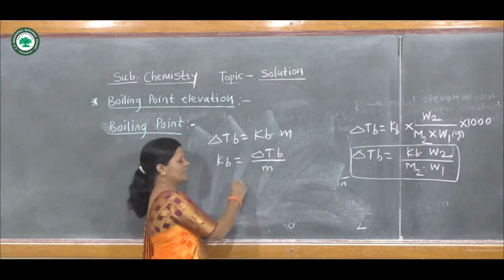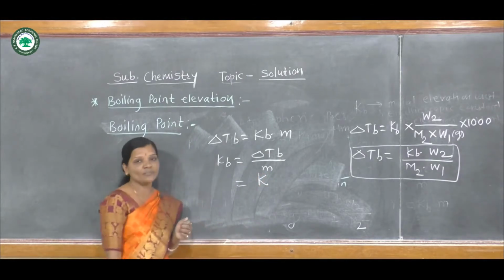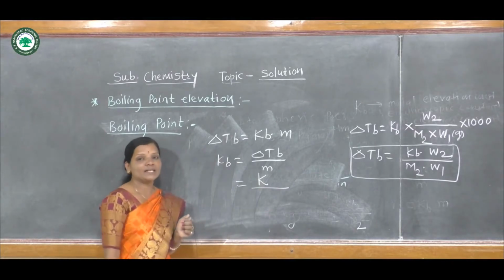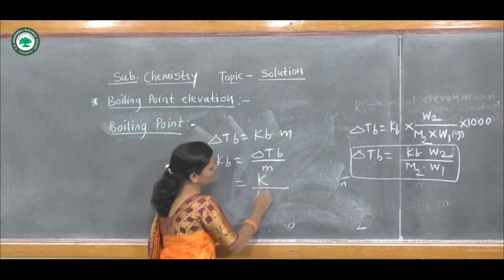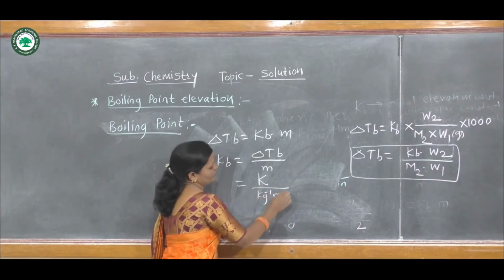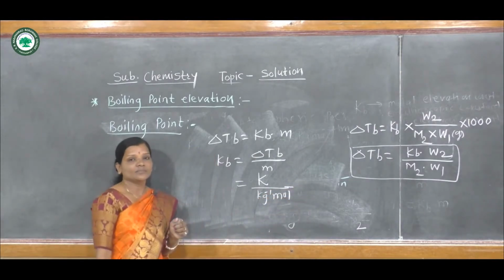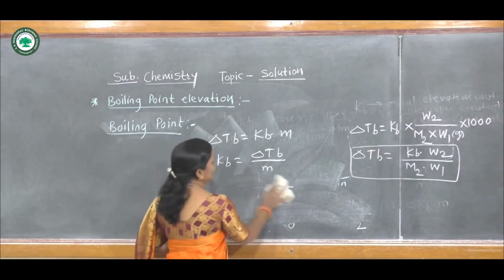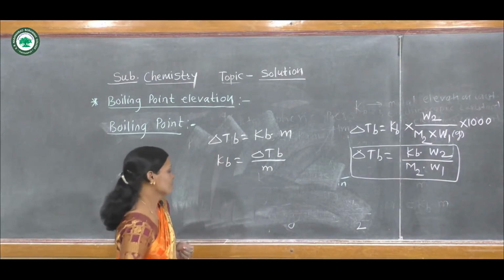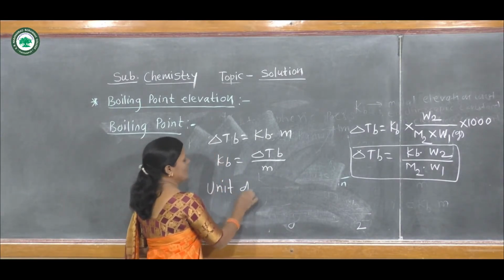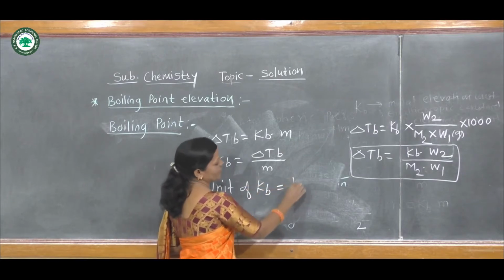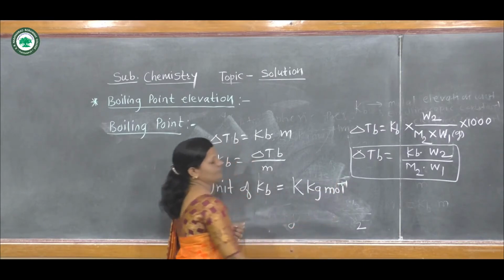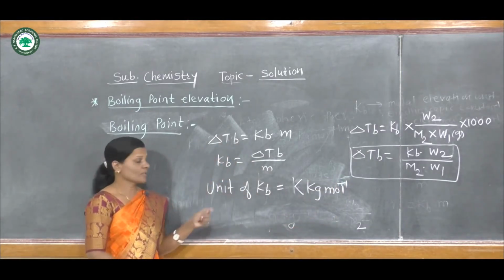Here delta Tb, the temperature, is expressed in terms of Kelvin, and this molality is expressed in terms of moles per kilogram, and hence the unit of Kb is given by Kelvin kilogram per mole. This is the unit of Kb.